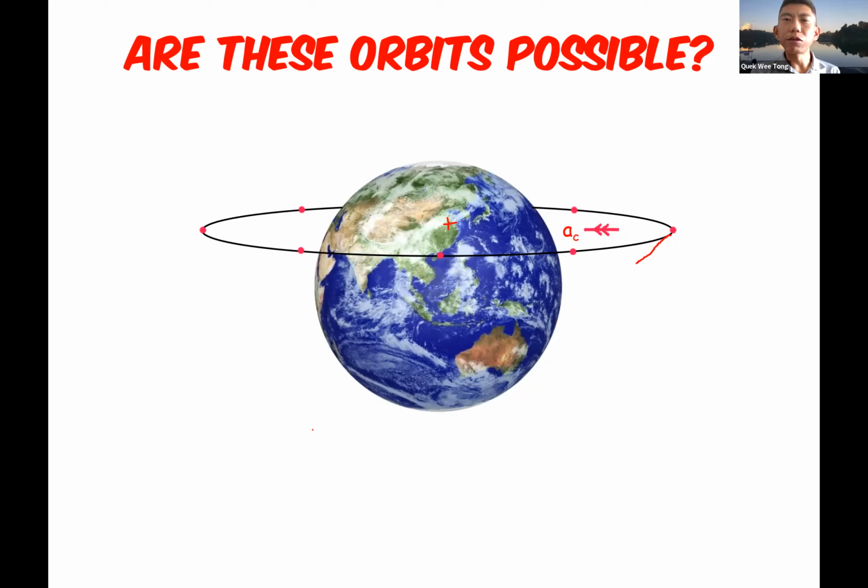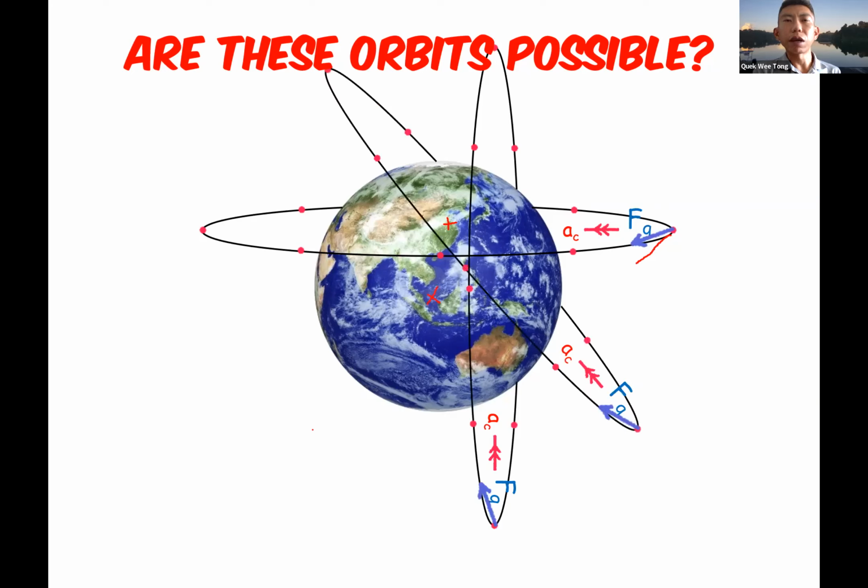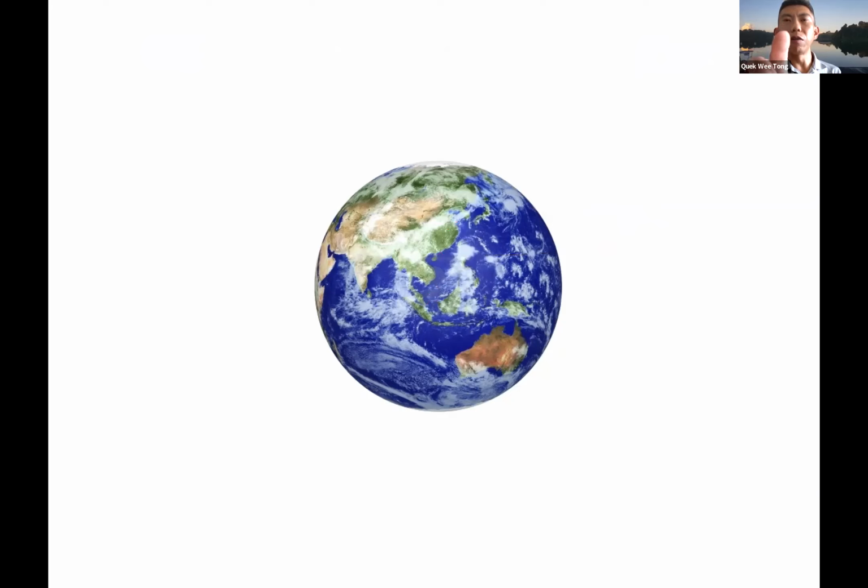Gravity is towards the center of Earth. So you see, these two arrows cannot match. So not possible. Similarly, this one also cannot. This one also cannot. So all possible orbits must have Earth's center as its center, nothing else. Okay. So that can rule out a lot of funny cases already.